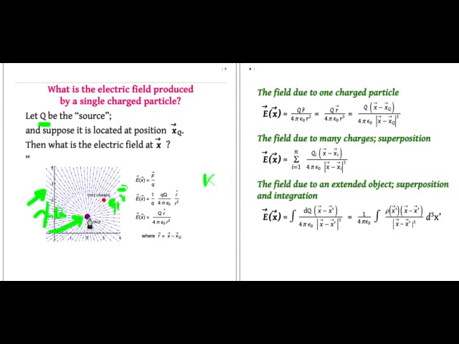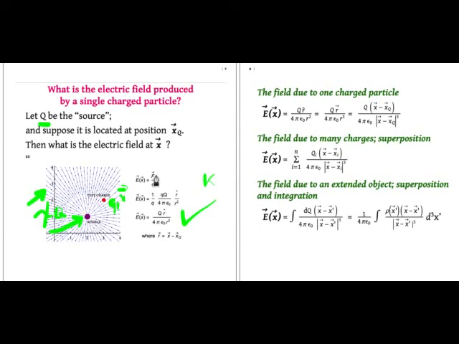Not the Q of the source, the q of the probe. Well, now you see what happens. The q of the probe, lowercase q, cancels. So this is the electric field at the point X. It doesn't depend on the test charge because it's the ratio of the force divided by the test charge.